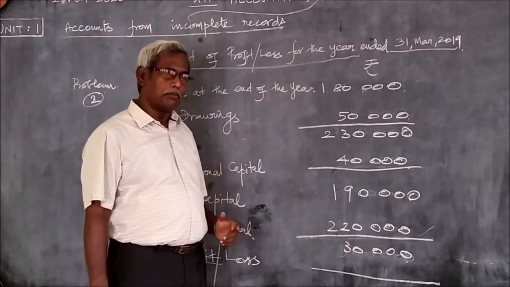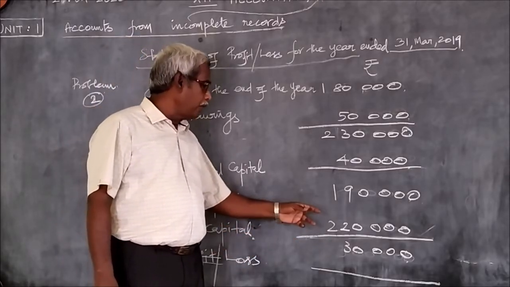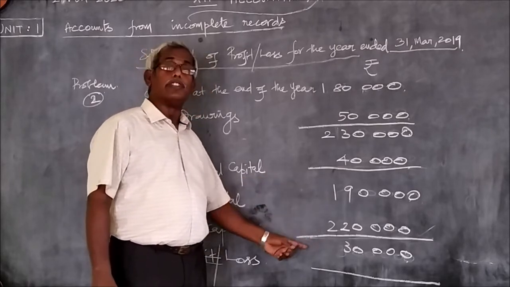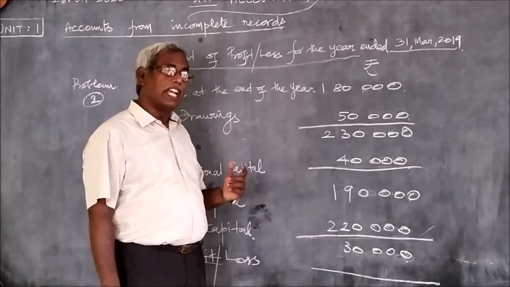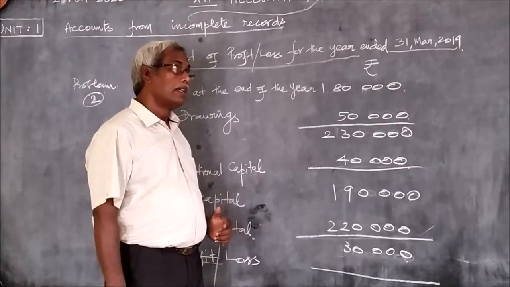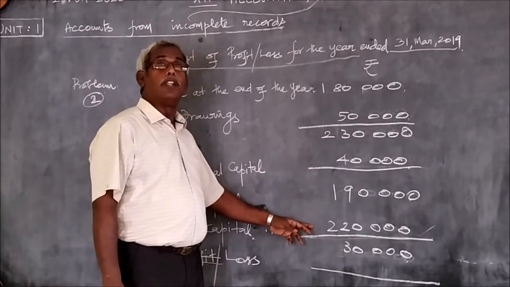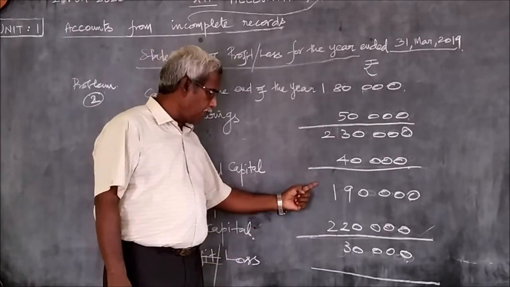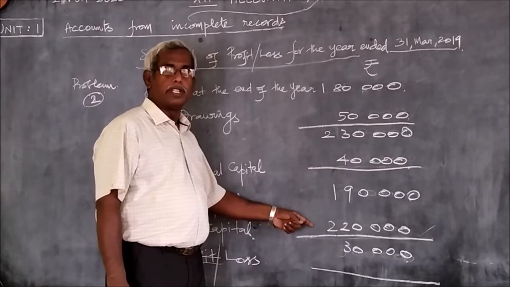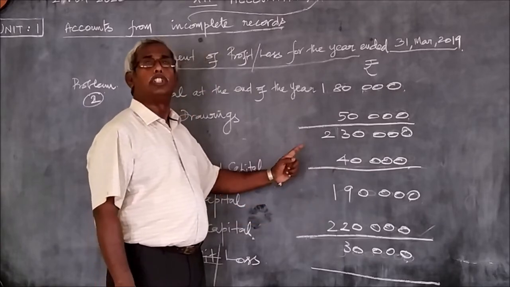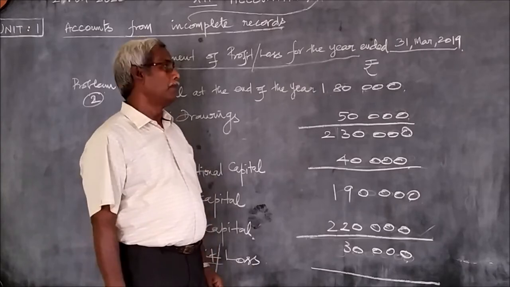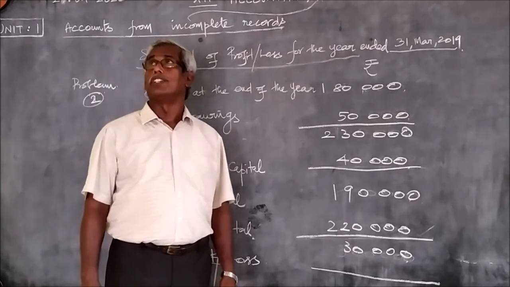If you can minus the smaller one, that is the bottom number, from the top, you will get profit. If you minus the top number from the bottom number, it is loss. Top to bottom profit. Bottom to top, it is loss. This is the second problem given under the exercise.